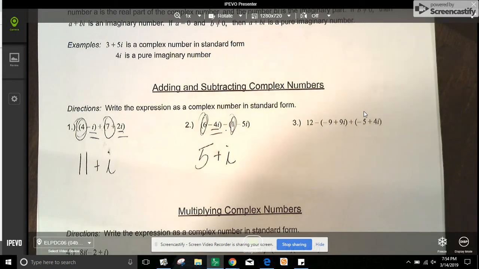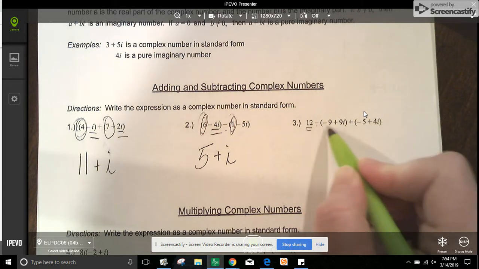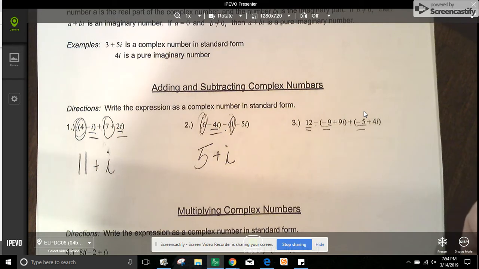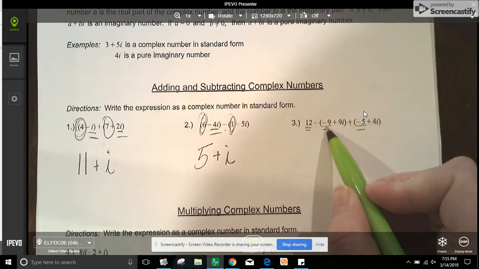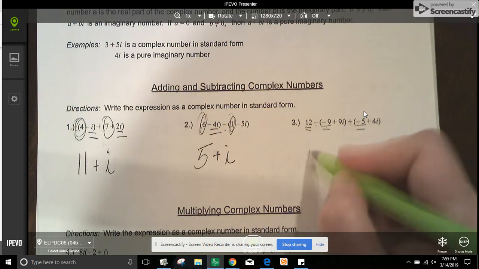And then the last one, there's just a little bit more to it. So I have 12 minus negative 9 plus negative 5. So 12 minus negative 9 would be 21. Plus negative 5 would be 16.